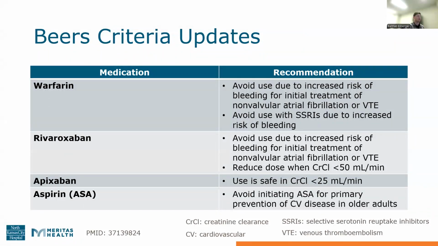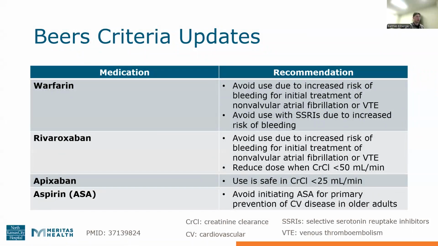The next blood thinner is apixaban, and they came out with a guidance statement saying this one is okay even when creatinine clearance is less than 25 mL per minute. So even with patients with poor renal function, this one seems to be the go-to, the safe option. The final update they had was with aspirin.